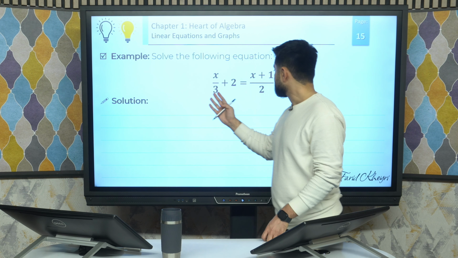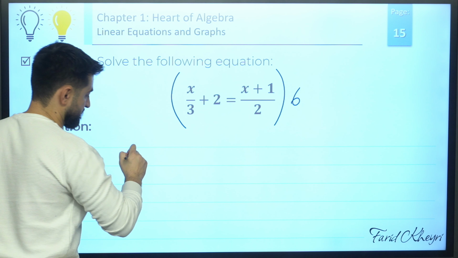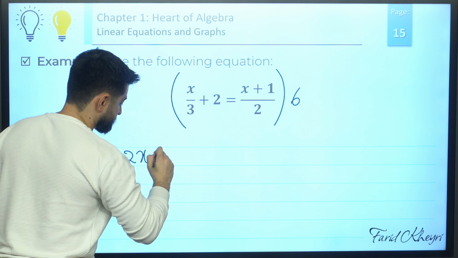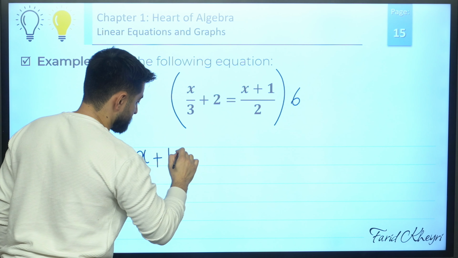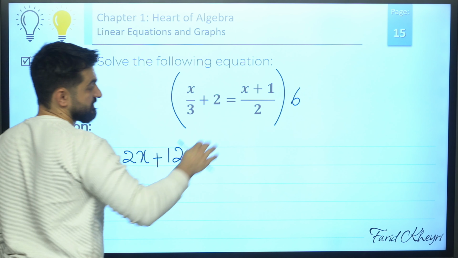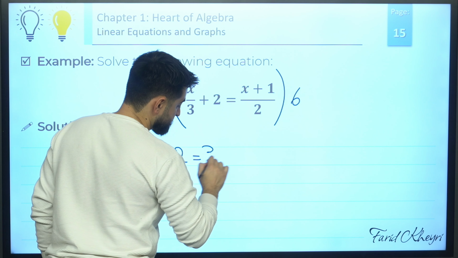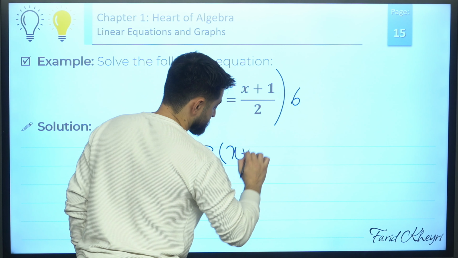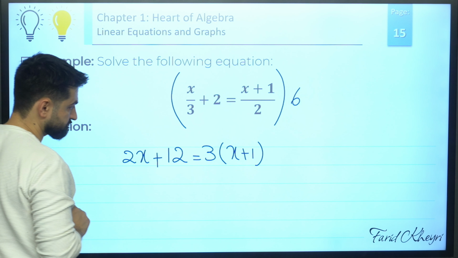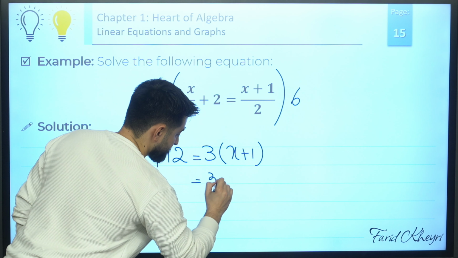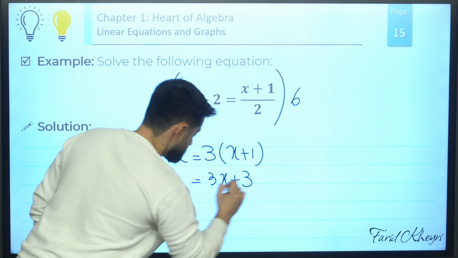So, in fact, 6 times x over 3 will give us 2x. 2 times 6 will be 12. This 2 will be cancelled out with 6, and 3 will remain. 3 times x plus 1. So here we have 3x plus 3.